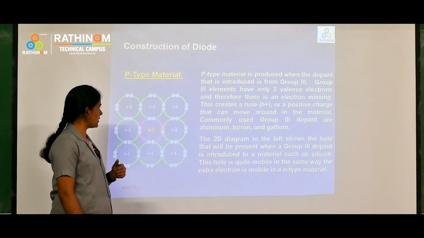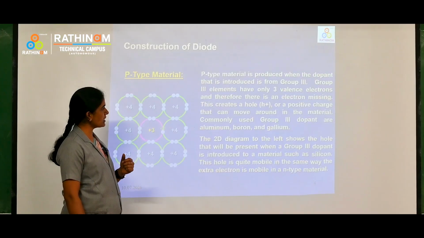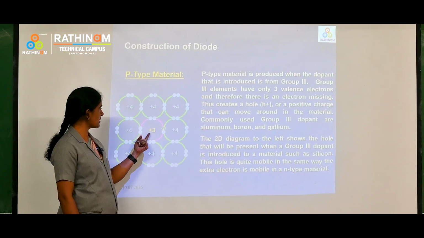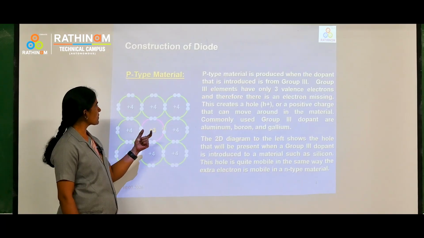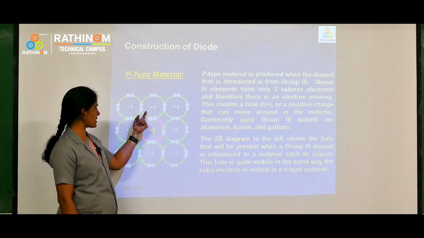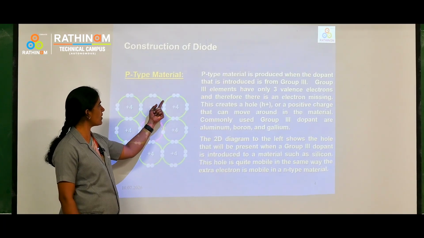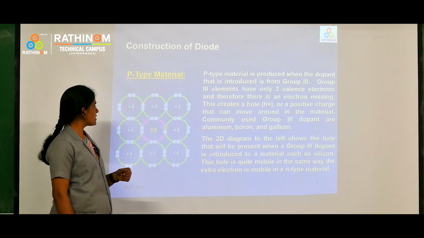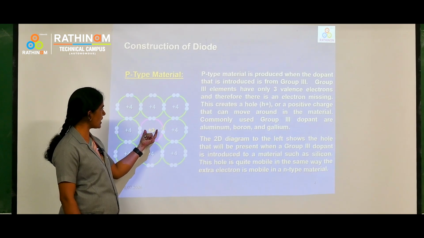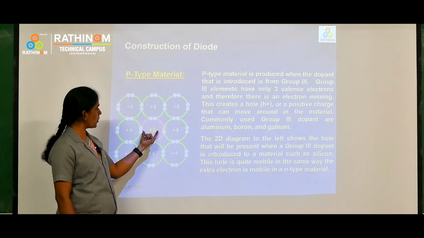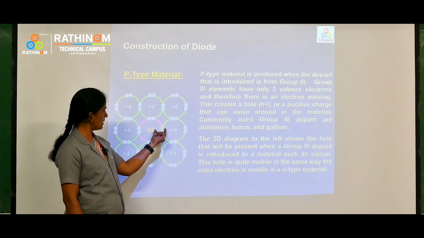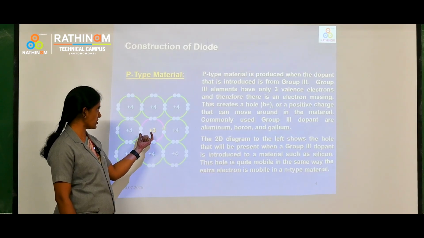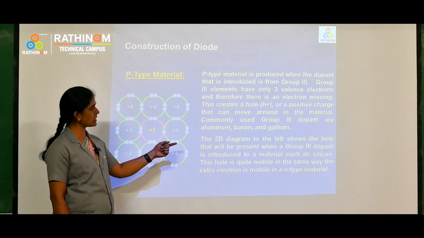For example, take boron as an impurity atom, which has 3 valence electrons in its valence band, with the intrinsic semiconductor silicon, which has 4 valence electrons in the outermost layer, that is the valence band. When we add boron to the silicon, a hole is left in the bond. This is nothing but a positive charge and it can move around the material.